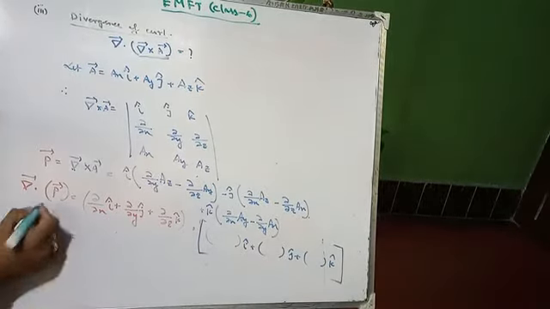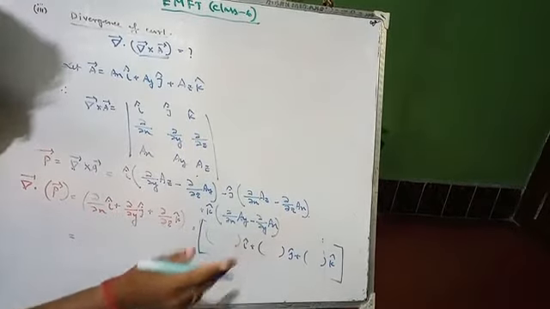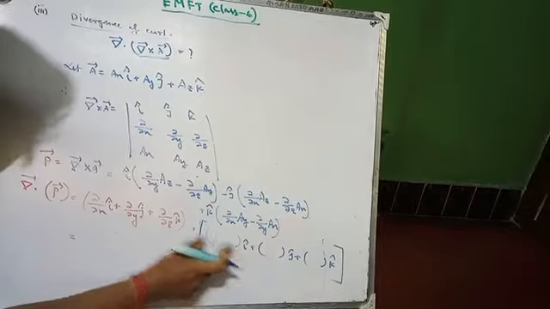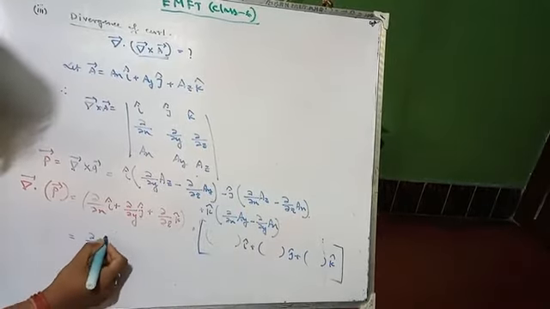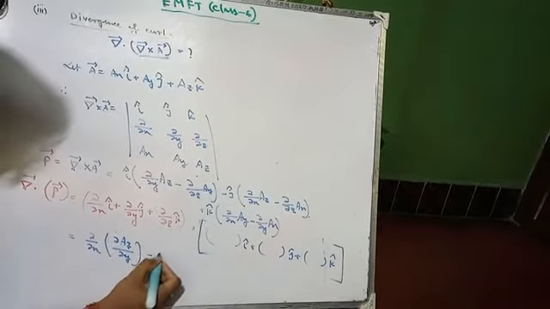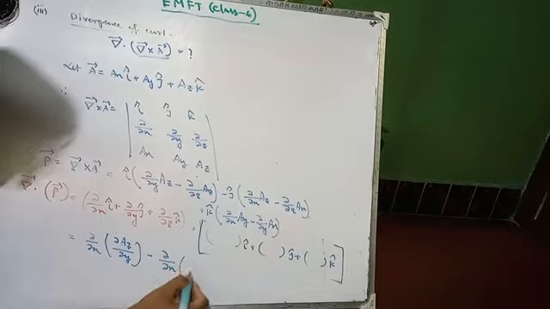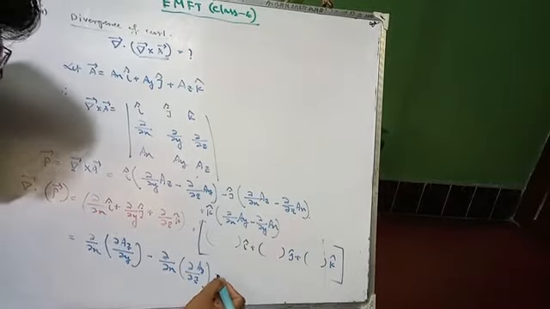Now what are the rules for the dot product? i dot i will be 1, so del/del x of this one: del/del x of del Az/del y minus del/del x of del Ay/del z.